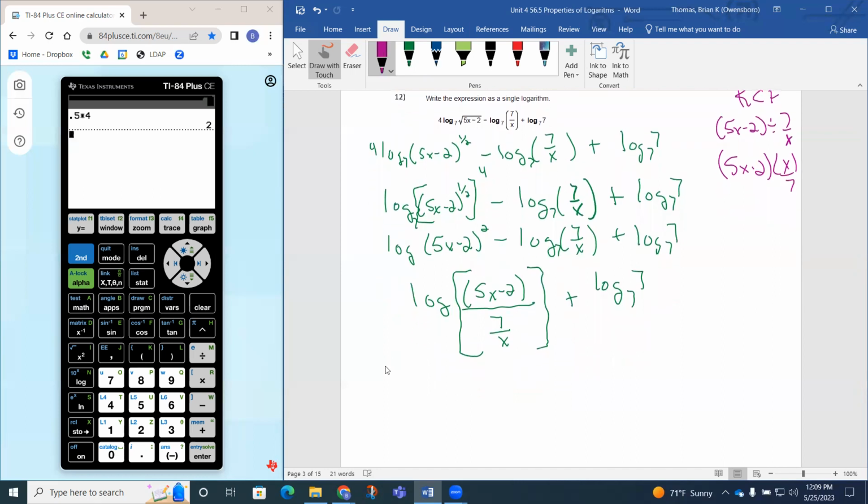So this is going to turn into the log, and again, let's keep forgetting my bases, base 7. Go back here in green. So I got my bases back in.